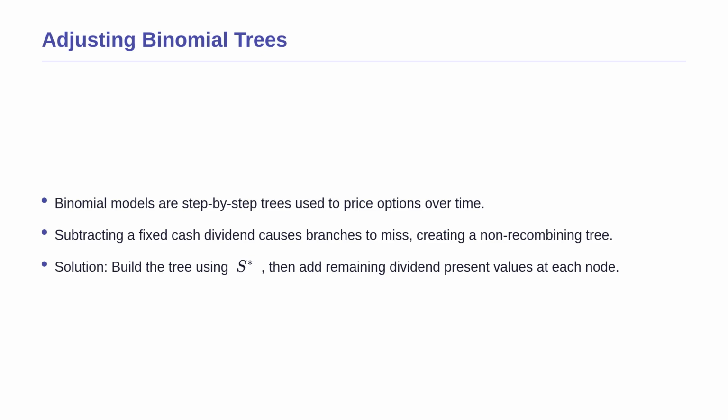This adjustment is not just for Black-Scholes. It is also critical for discrete dividend trees, often called binomial models. These are step-by-step models used to price options over time. If we try to build a mathematical tree using the raw stock price, subtracting a fixed cash dividend causes the branches of the tree to miss each other.